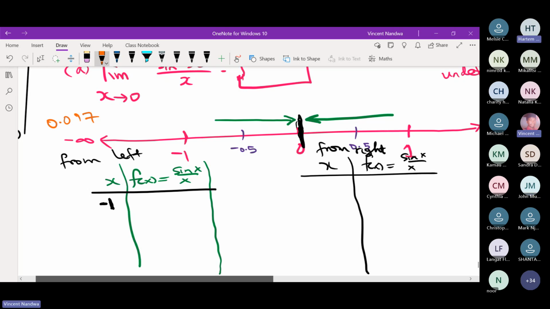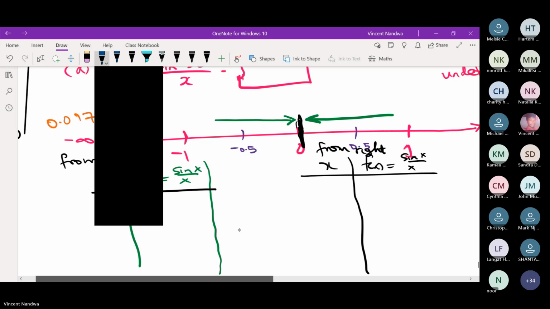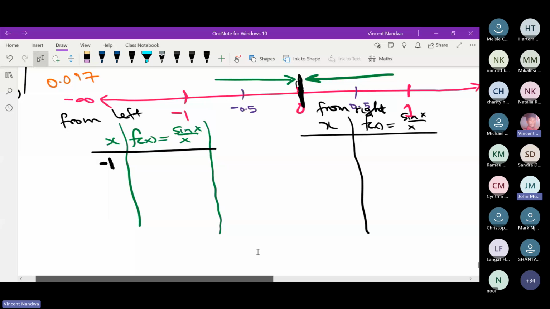Note, you were taught how to use calculators in Form 3, and this is a rule of thumb.